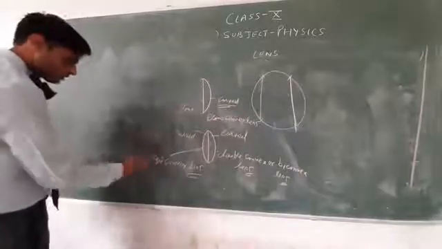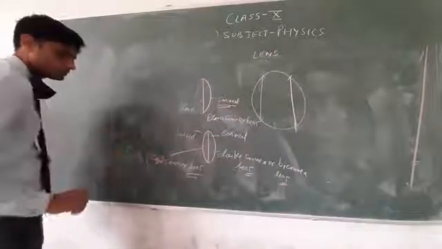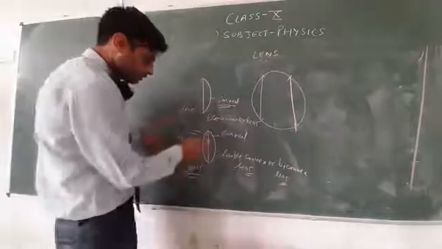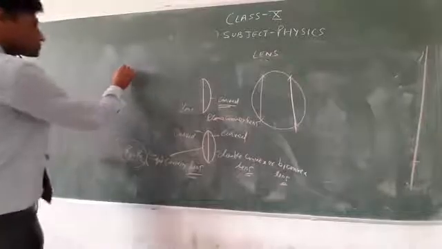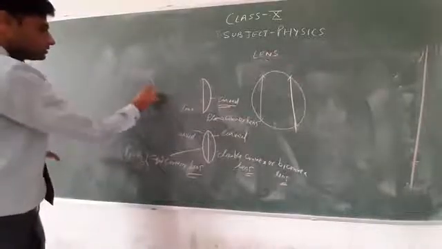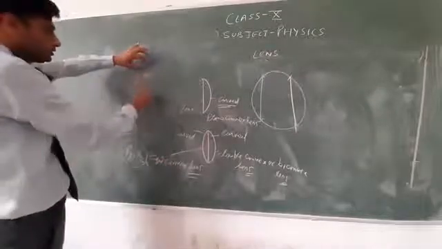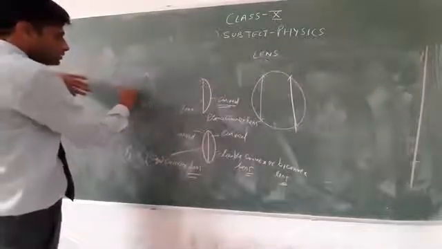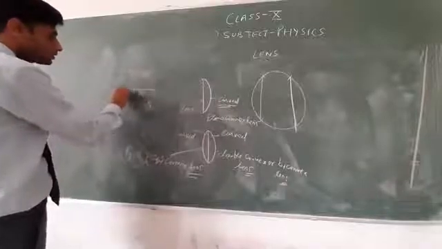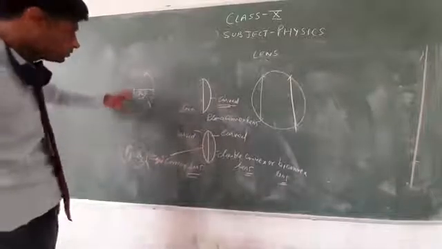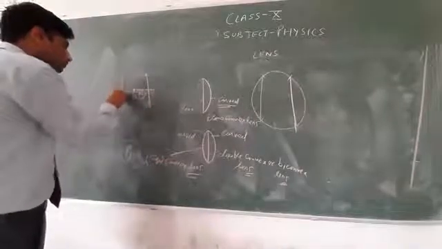In this case, R1 equals R2, because you can see in case of a convex lens there are two radii of curvature. One portion is cut, this is radius R. So one portion is cut from that side and one is cut from that side.